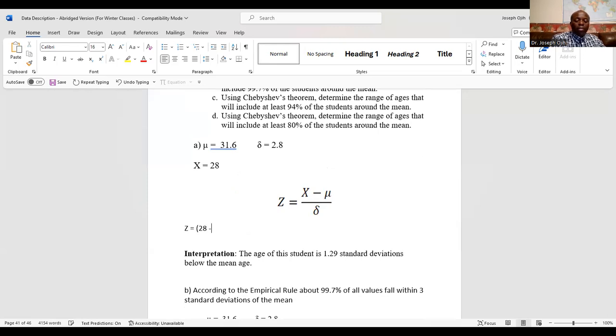28 minus the mean of 31.6, divided by our standard deviation of 2.8.